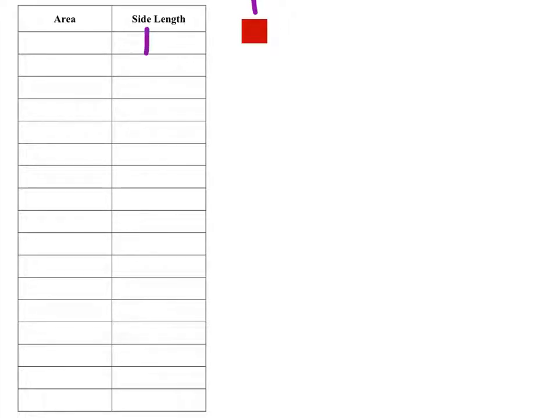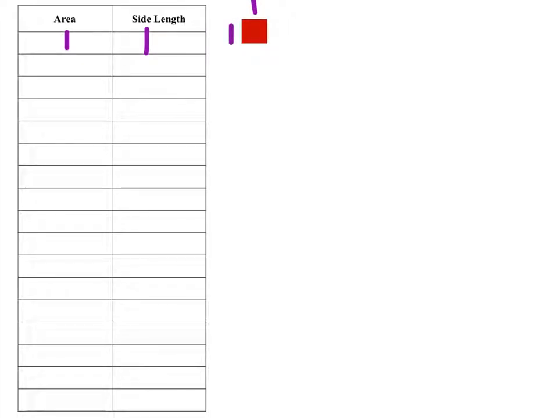Well, if I have a side length of 1, what would the area be? 2, of course. Not 2. It is not 2. It is 1, because the other side length is 1. And to find the area of a square, we do the side length times the side length. And 1 times 1 is 1.